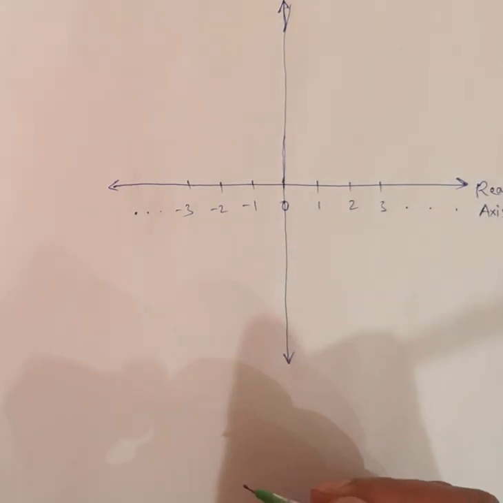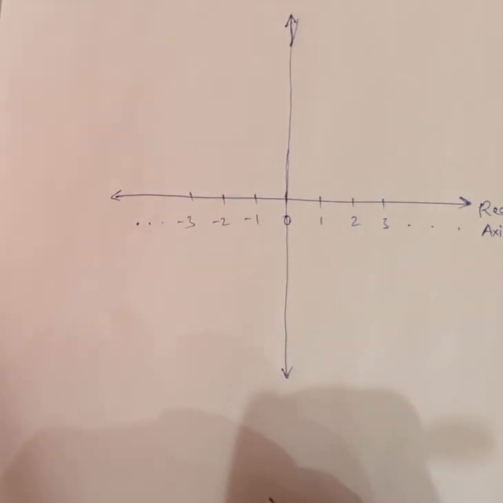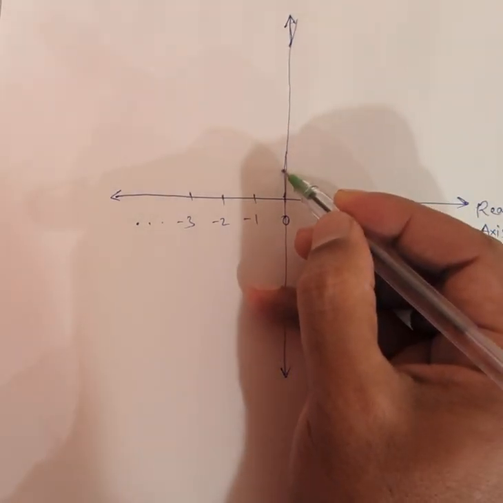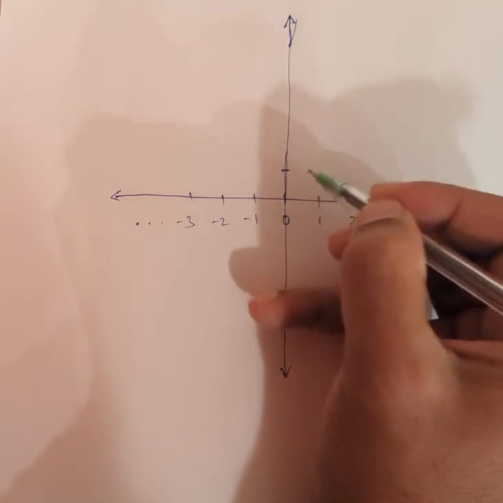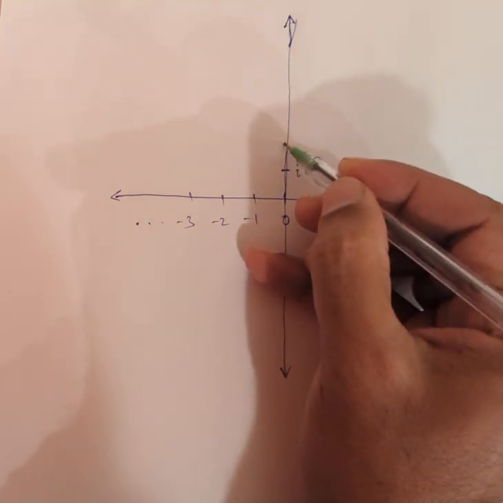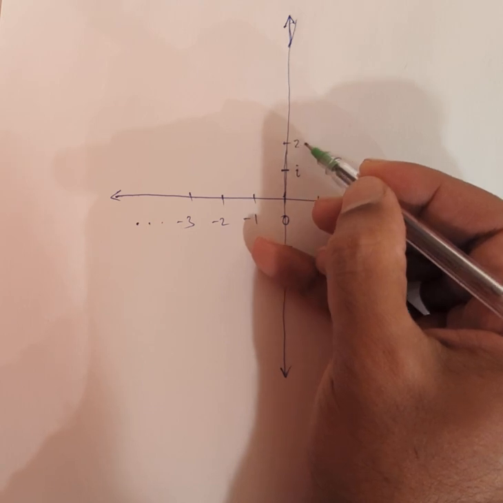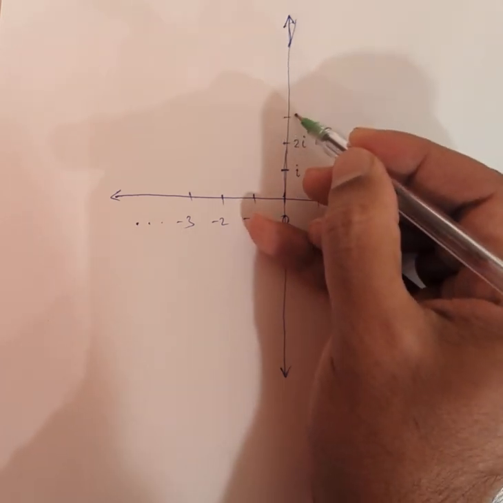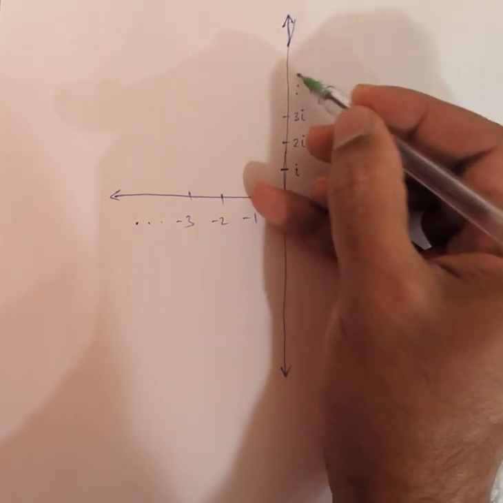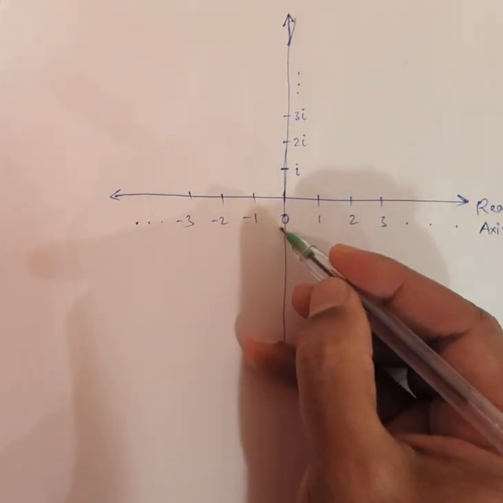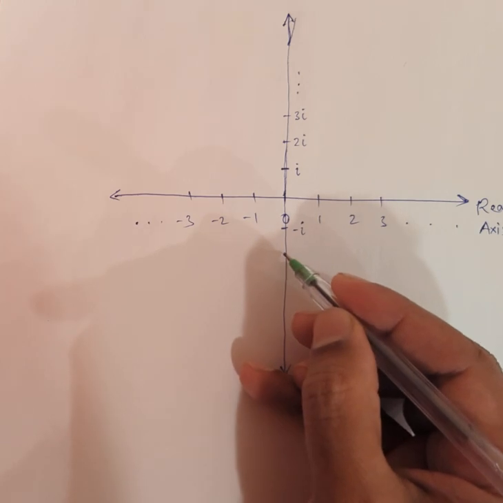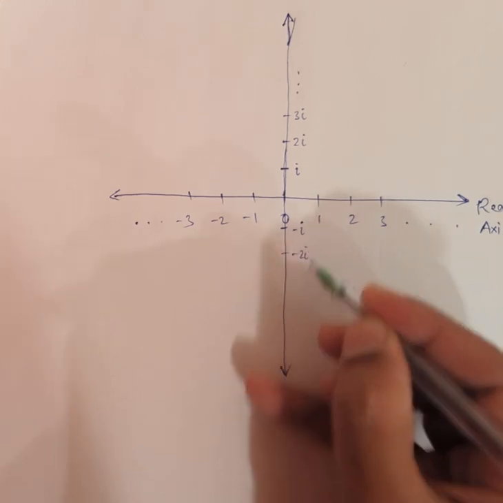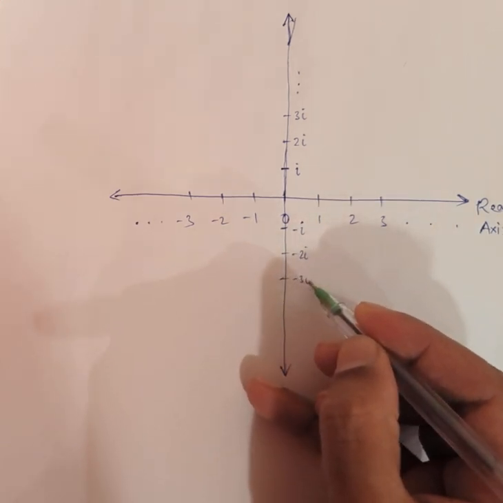And you remember the number i, square root of -1, we plot it here up on the vertical axis. So on the vertical axis, the numbers go i, 2i, 3i, and so on. And then down on the vertical line, you have -i, -2i, -3i, and so on.